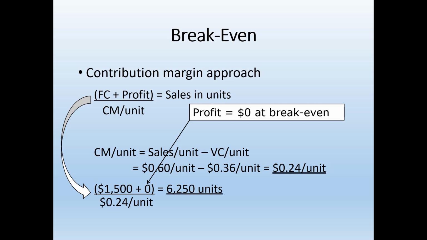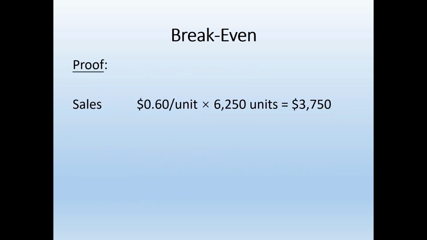Luckily, we can check that answer to see if it's right. Will the firm break even if it sells 6,250 units? To find total sales revenue, we multiply the selling price, 60 cents per unit, times 6,250 units.